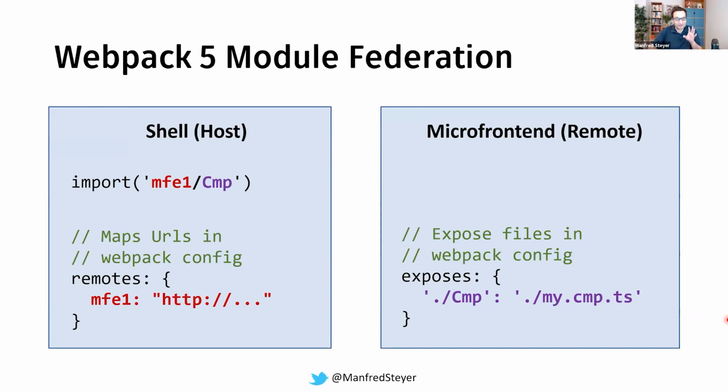When you have done this, all you need is just a dynamic import, an ECMAScript standard dynamic import that is using the mapped names. And so you can point over there and grab something from this separately compiled and deployed application.